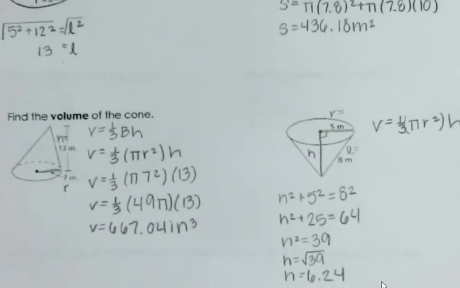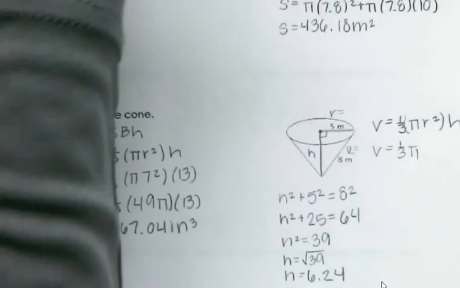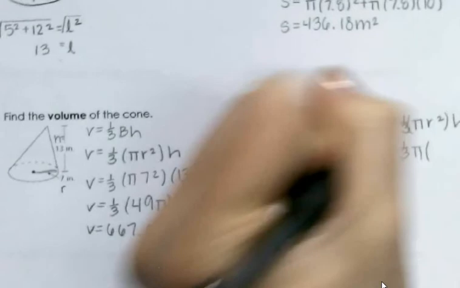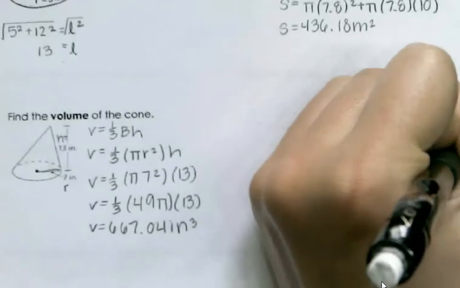Okay, so now we're going to plug in h and r into our equation here. So we have a third pi times r, which is 5 squared, times h, which is 6.24.